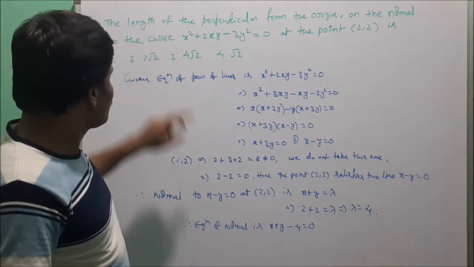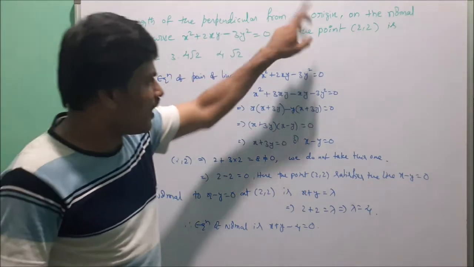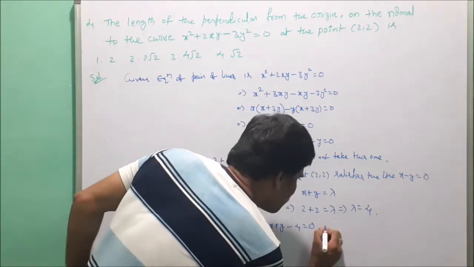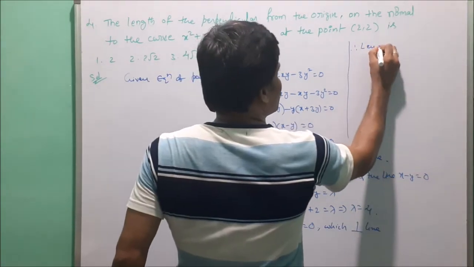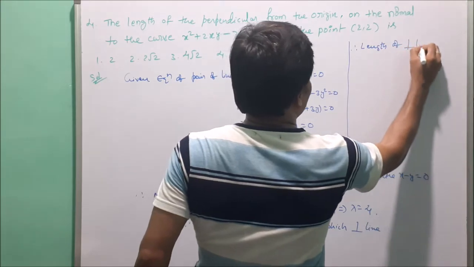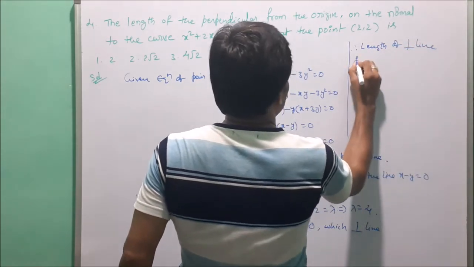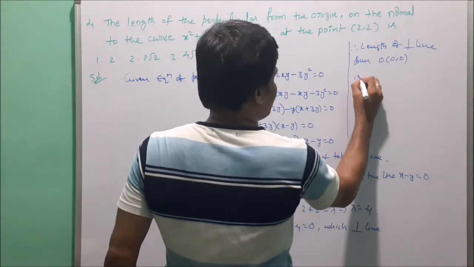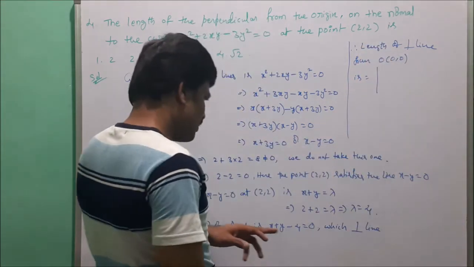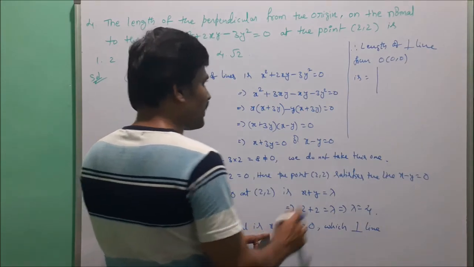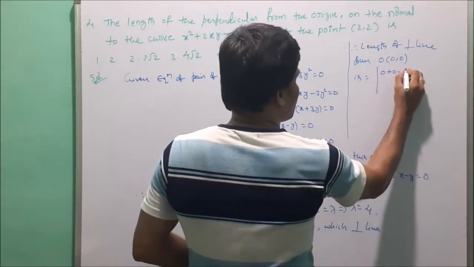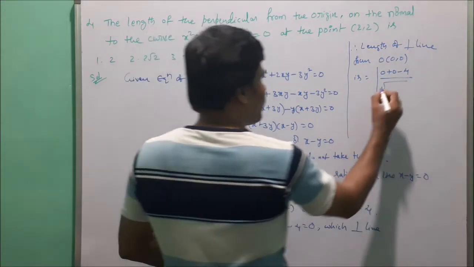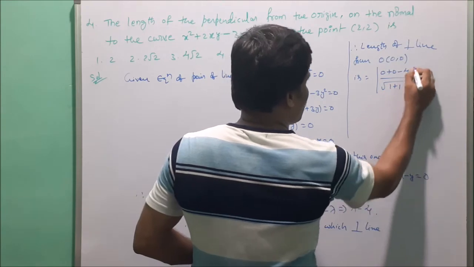Now to find the length of the perpendicular from the origin: this normal is the perpendicular line. Therefore the length of the perpendicular from the origin (0, 0) is the modulus of 0 plus 0 minus 4 by the square root of the coefficient of x square plus the coefficient of y square, 1 square plus 1 square, so 1 plus 1.